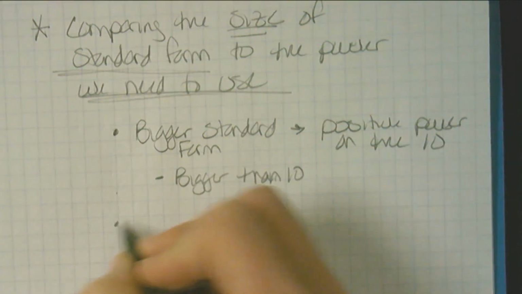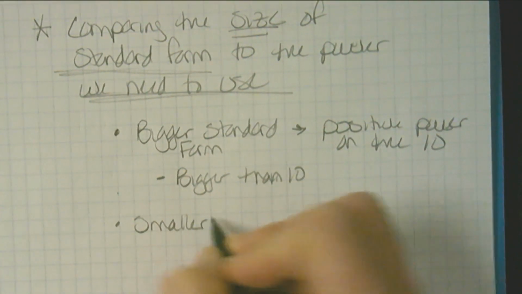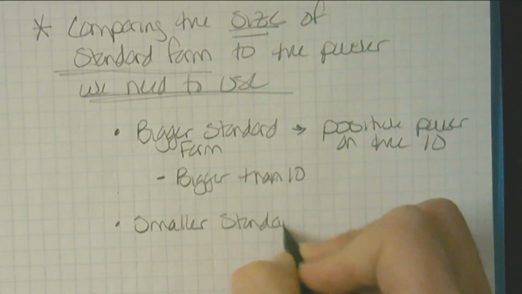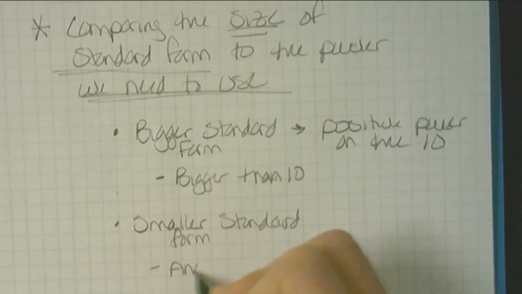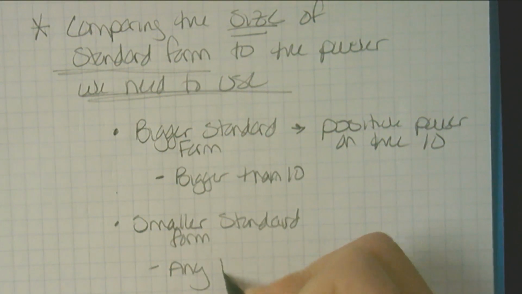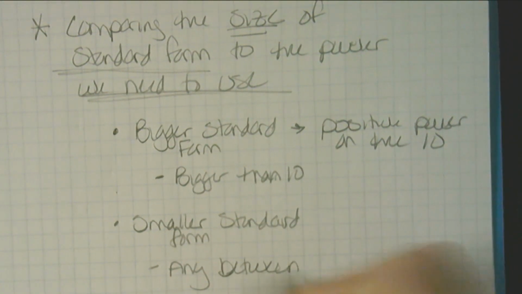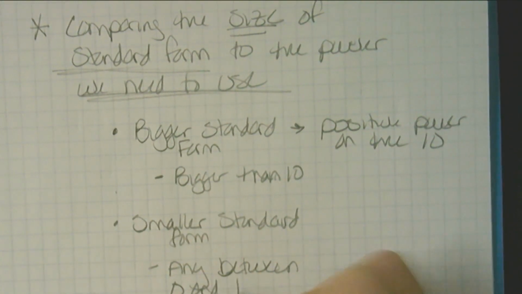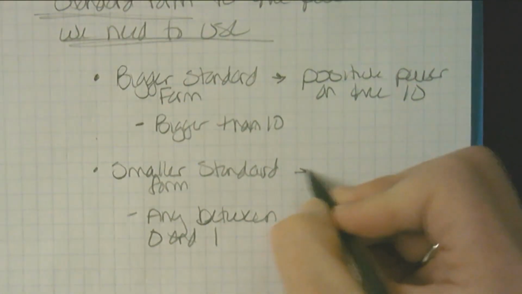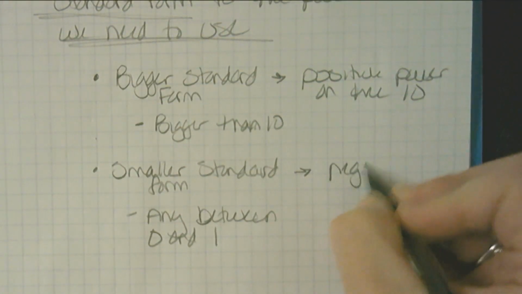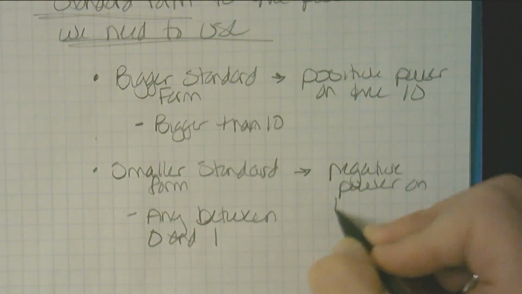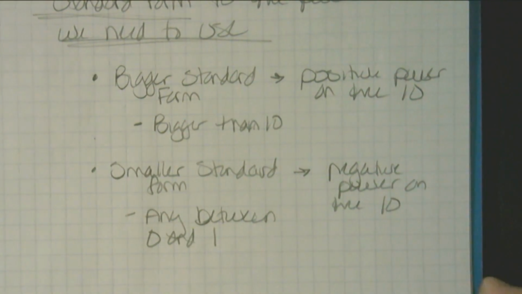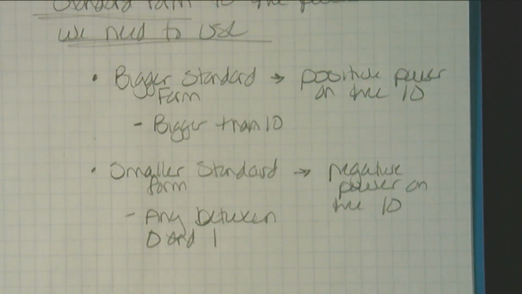All right, smaller standard form means any number between 0 and 1. We have a negative power on the 10. We're going to pick up on that tomorrow.